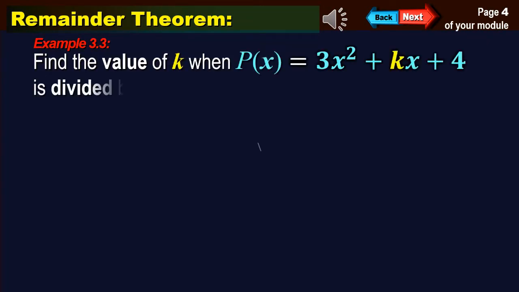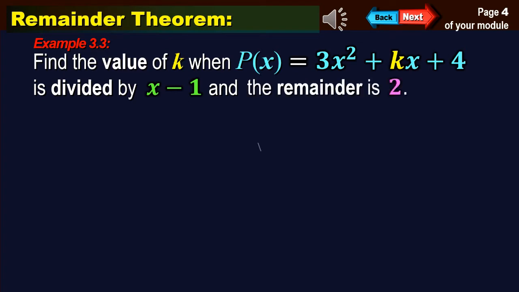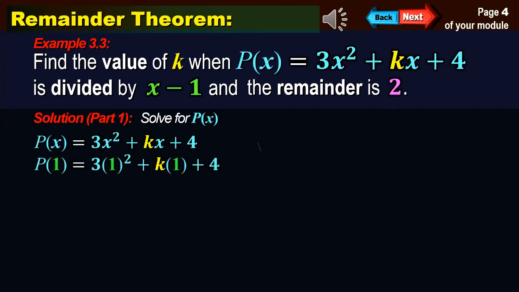Let's have another example. Find the value of k when p of x is equal to 3x squared plus kx plus 4 is divided by x minus 1 and the remainder is 2. Now first, you need to solve for p of x. So p of x is equal to 3x squared plus kx plus 4. And then, since the divisor is x minus 1, therefore our c is 1.